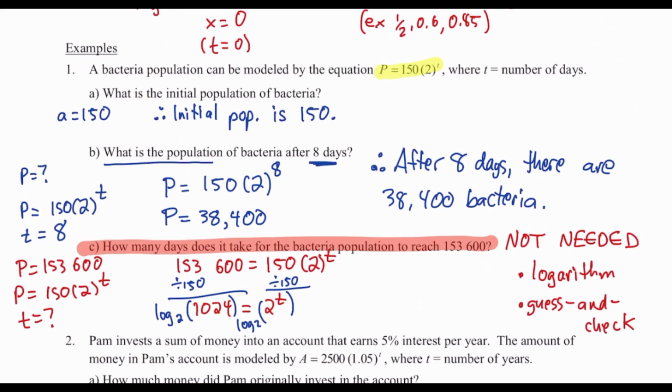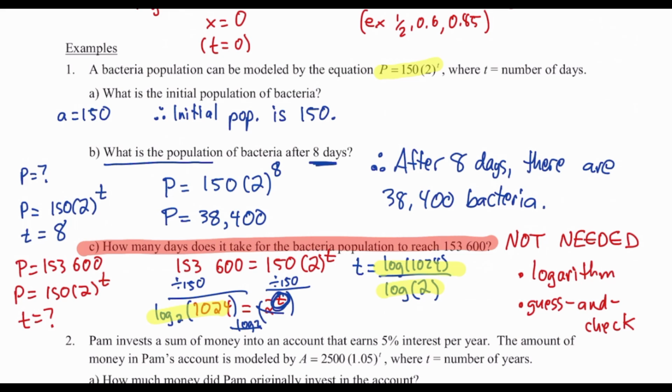It's going to look like this. t is going to equal log of 1024 divided by log of 2. So I'm rearranging this equation.